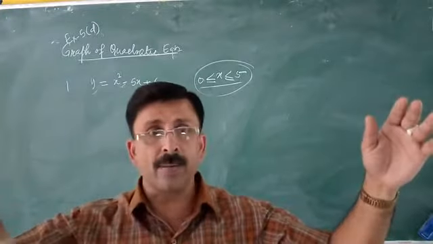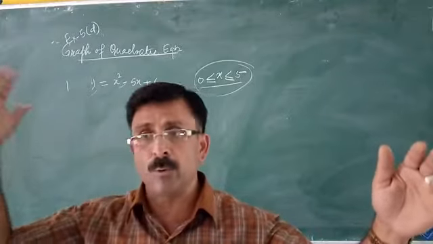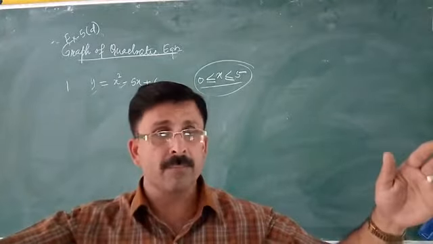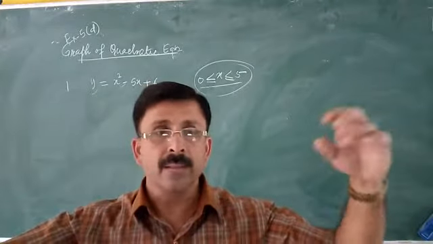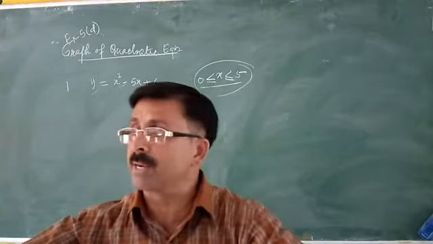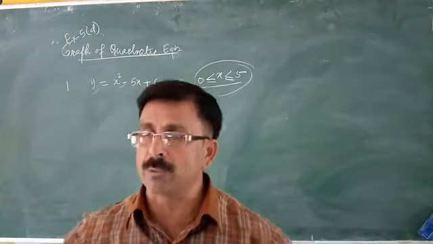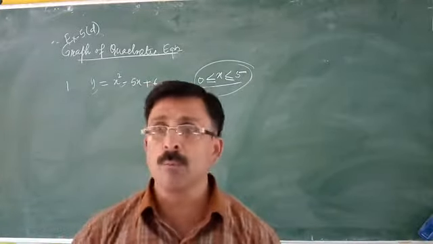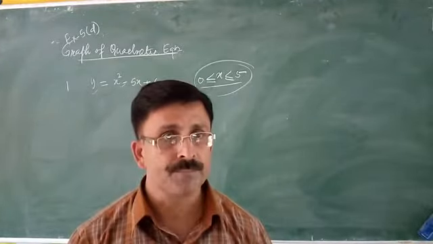Now the advantage of selecting 2 positive and 2 negative numbers is that the 2 positive numbers will go on one of the arms, and the 2 negative numbers will go on the other arm. Then the 0 will be somewhere in the middle near the vertex. So all the points will be nearby and on both arms, so that when you join them with the free hand, you will be able to get a curve.